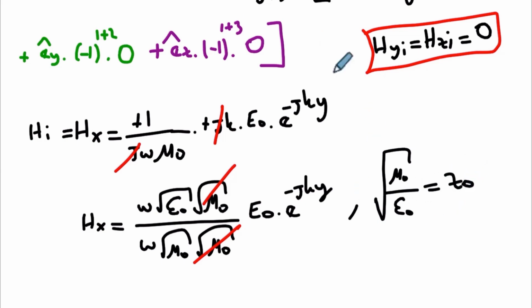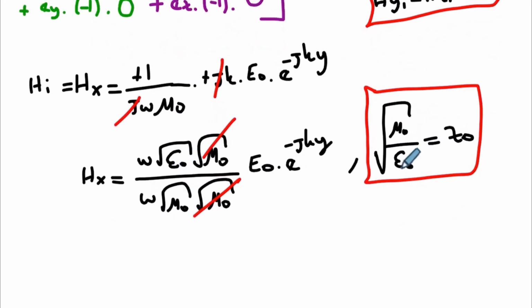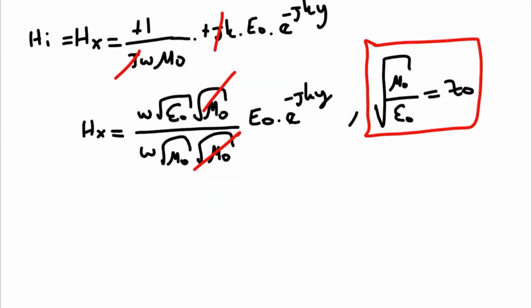Now that we know this, let's proceed this way on this side. Notice the square root of mu 0 divided by the square root of epsilon 0 equals the impedance Z0. But my square root of mu 0 is on the bottom, and epsilon 0 is on the top. Thus, not Z0, it is 1 over Z0. The omegas cancel each other out. I'm breaking it down step by step in this first problem solution so that you can understand it comfortably and clearly. Don't be intimidated.